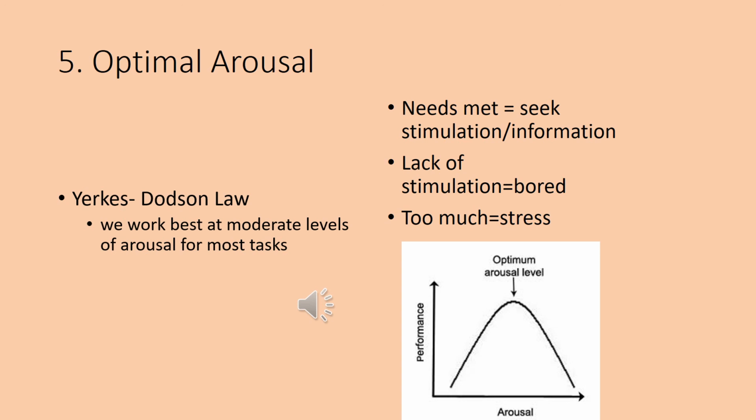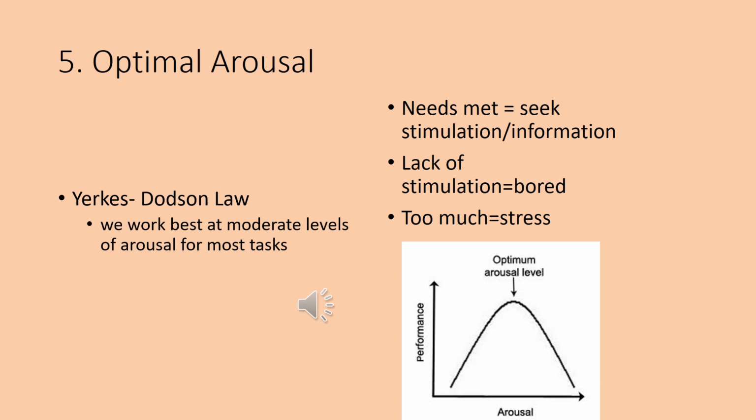The Yerkes-Dodson law finds that we do work best at moderate levels for most tasks. Now, there is an exception for really complicated mental tasks. We like to have that moderate level or a little bit low. We don't want to be stressed and uptight and energized if we're trying to do some mental task.